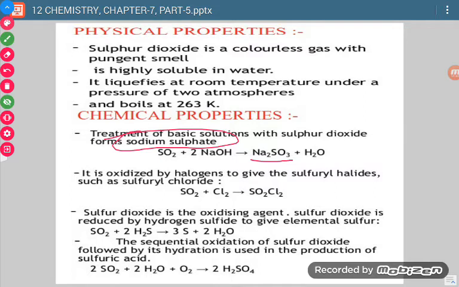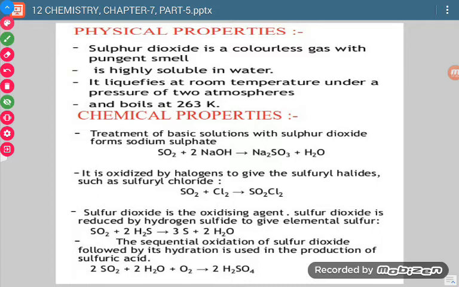So we can prepare sodium sulphate from sulfur dioxide gas if we treat it with a base. From this reaction, this is an oxide of sulfur, this is a base, this is a salt, and this is water. So the nature of this oxide is acidic, because acid plus base gives salt plus water. So SO2 is acidic in nature.